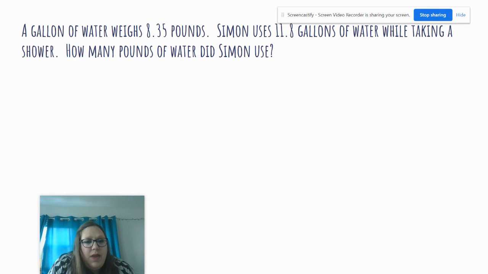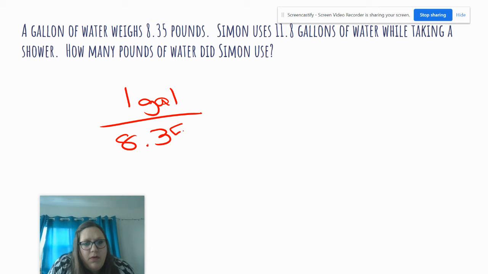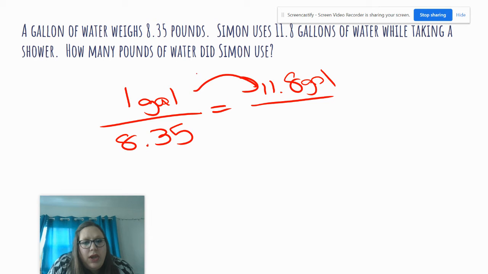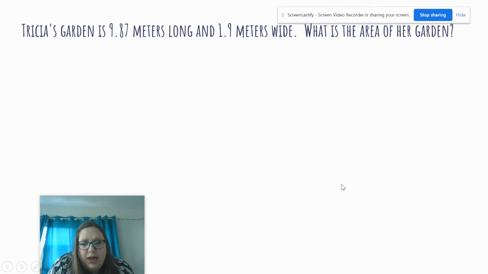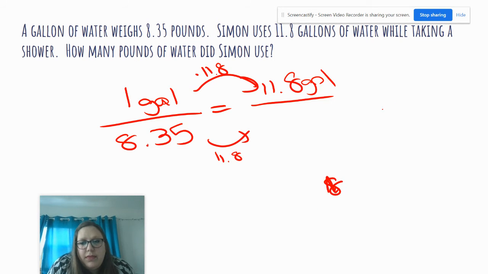Alright, 1 gallon of water weighs 8 and 35 hundredths pounds. Simon uses 11.8 gallons. How much did it weigh? We're going from 1 gallon to 11.8 gallons, so we're going to be multiplying by 11.8. I'm going to write this higher up so we don't run out of room. 8 and 35 hundredths multiplied by 11.8.